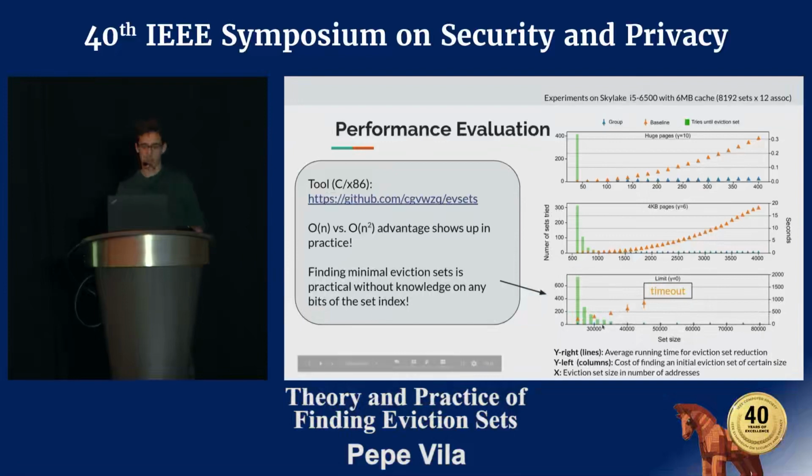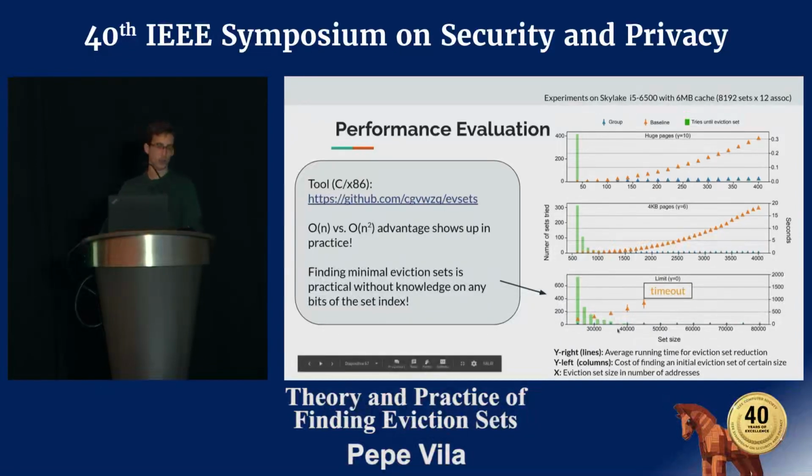But the most interesting case is the last one, where the attacker has no information at all about the set index bits. In this case, you can see that the sizes of the sets that we need to reduce are 30 or 40,000 at least. And in this case, the baseline algorithm becomes completely impractical, because for finding a single eviction set, we need to spend several minutes.